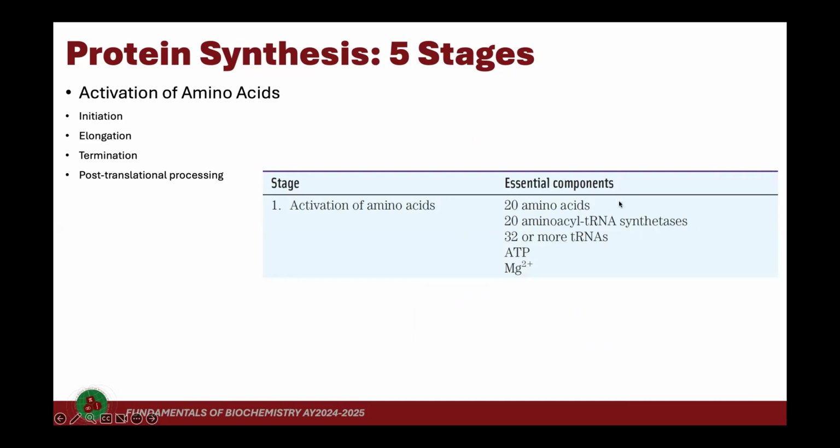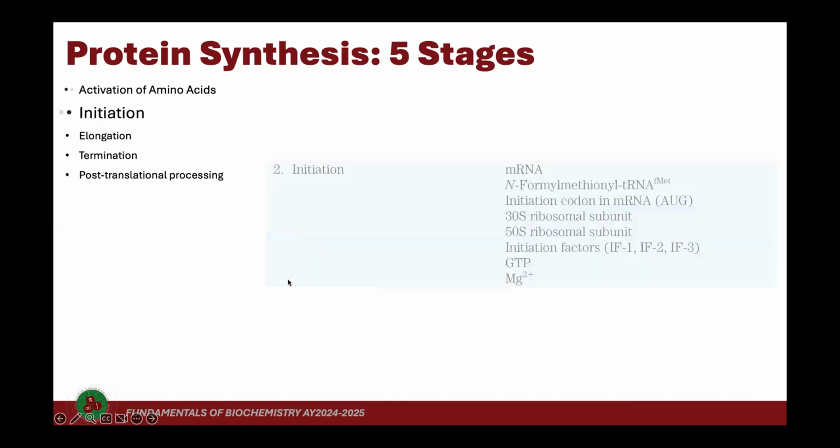So you need 20 for the 20 amino acids, and you have 32 or more tRNAs depending on the organism. This process is ATP driven because the reason why it's called activation is because you are energetically activating the amino acids for the formation of the peptide bond. And of course, you need magnesium ions for this process to take place.